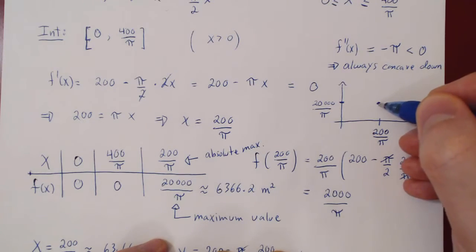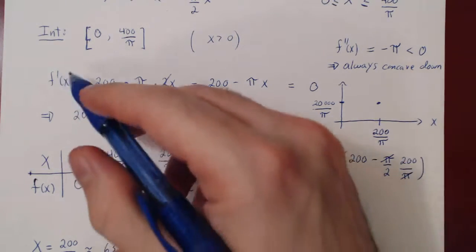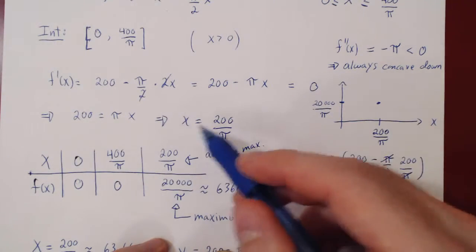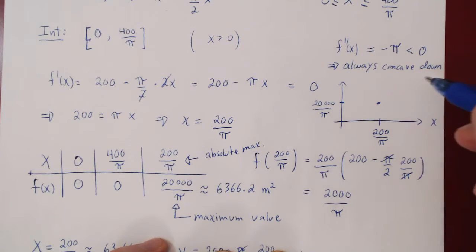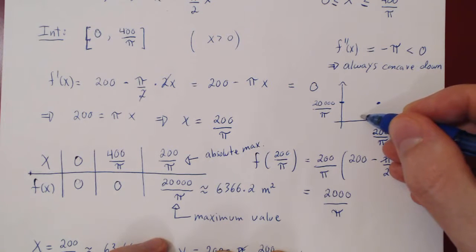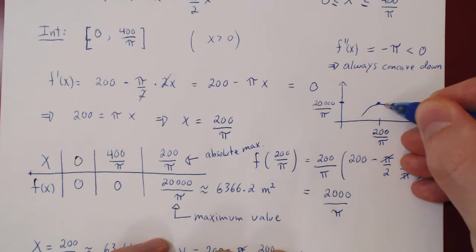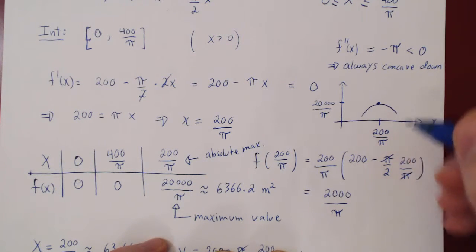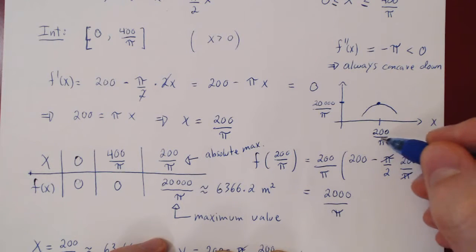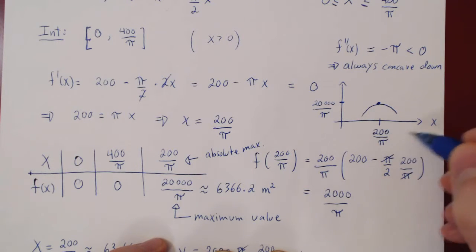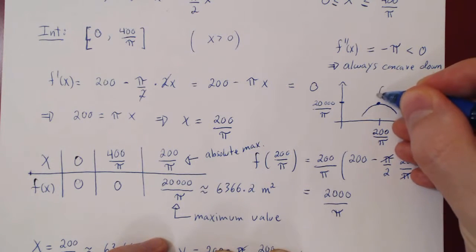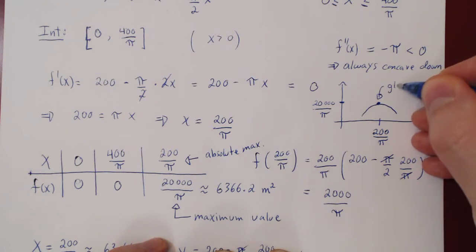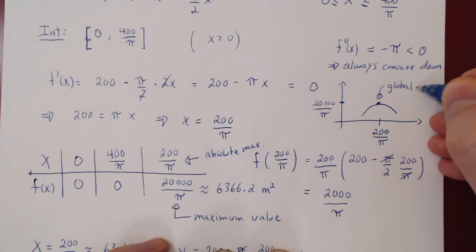You know, at this point the curve is flat because the derivative is equal to 0 when x is 200 over pi. And because the curve is always concave down, you know that the graph will look like this forever. And so indeed the value x equals 200 over pi is your absolute maximum. Or if you prefer, your global maximum, same thing.